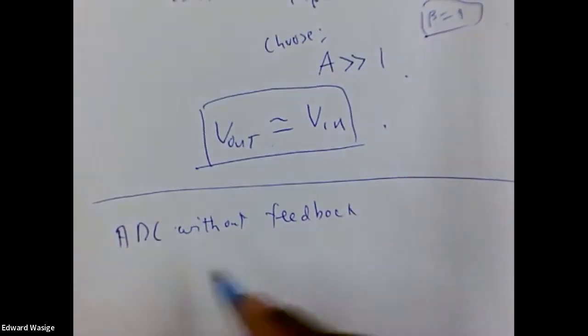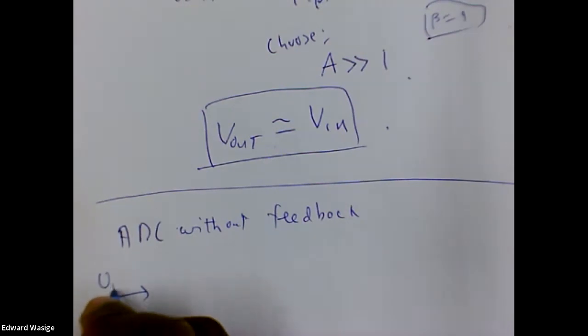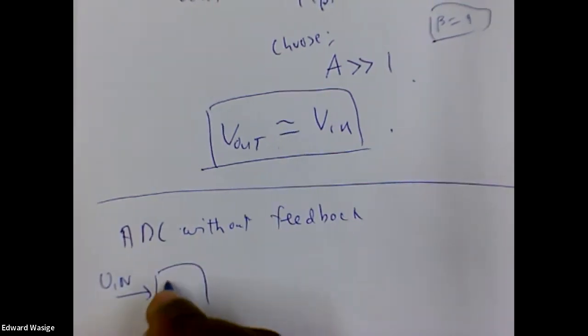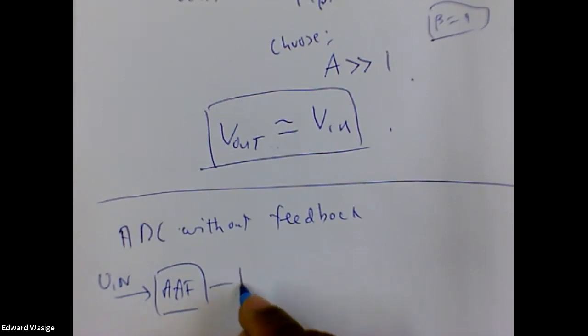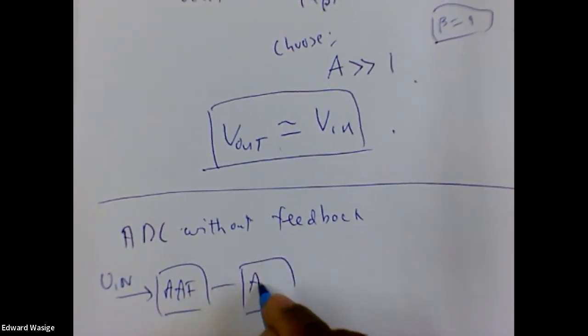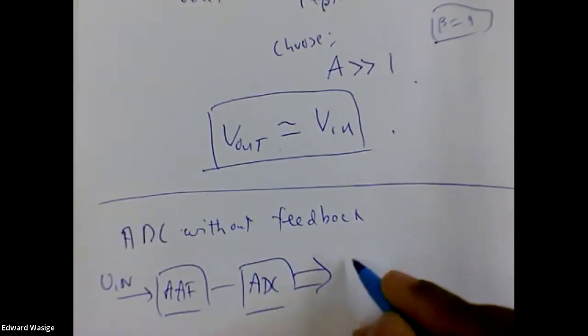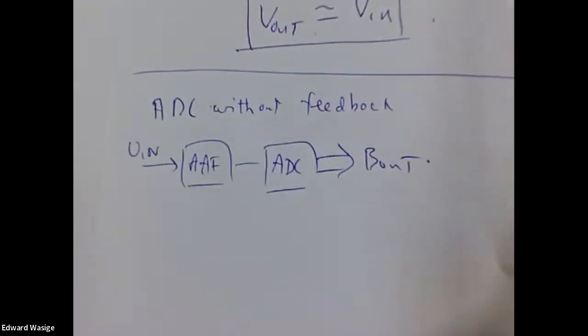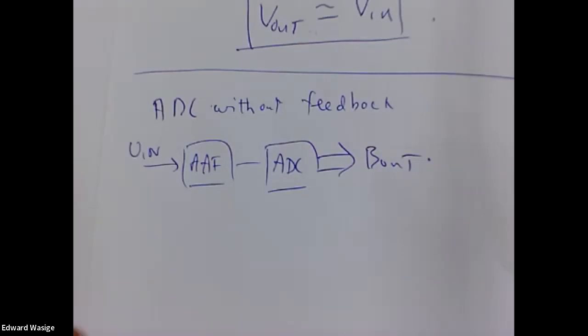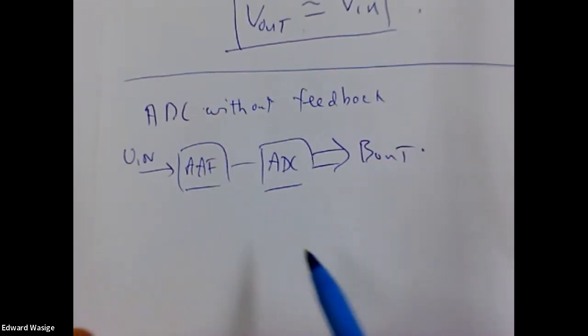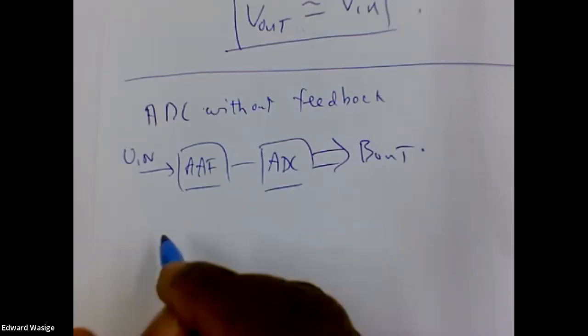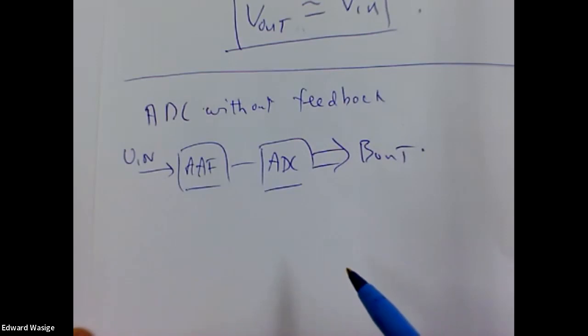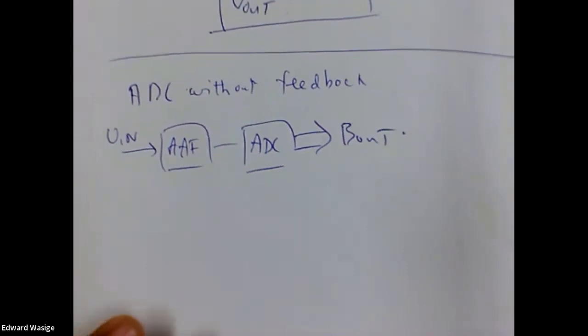First of all, we have our V in. It probably goes into an anti-aliasing filter, and then into our ADC. So the ADC without feedback looks like that.